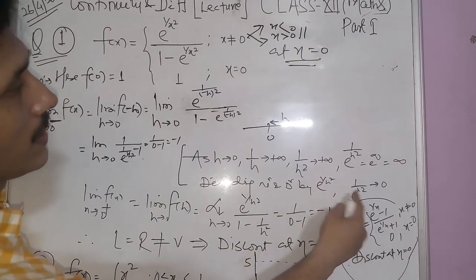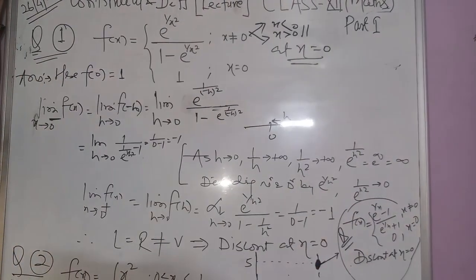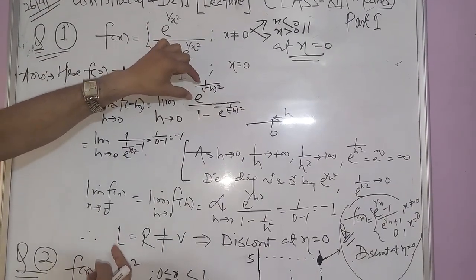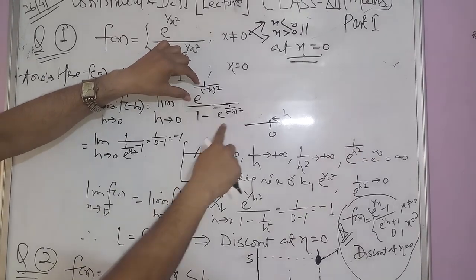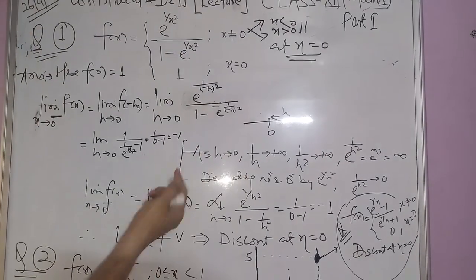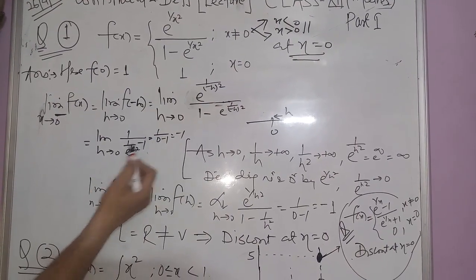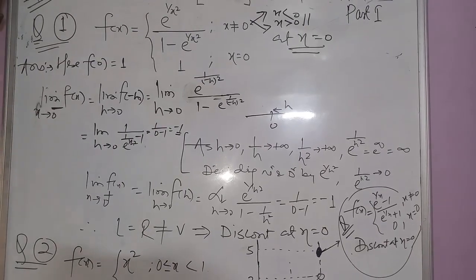And 1 upon e to the power 1 by h square tends to 0. So the numerator becomes 1, and the denominator becomes 1 upon e to the power 1 by h square minus 1. When h tends to 0, this is 1 upon 0 minus 1, which equals minus 1.